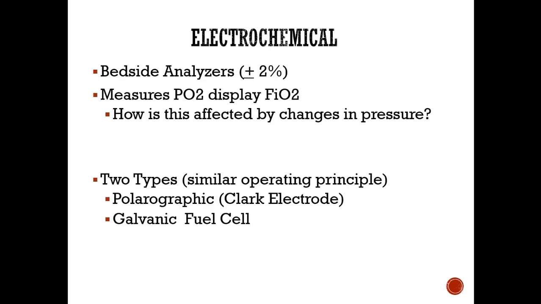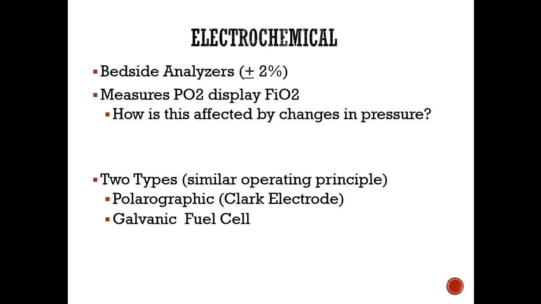If you're thinking about where this comes into play, think about somebody on an air transport, let's say on an airplane, where the altitude is very high. We know that when you get very high up, that lowers your partial pressure of oxygen.